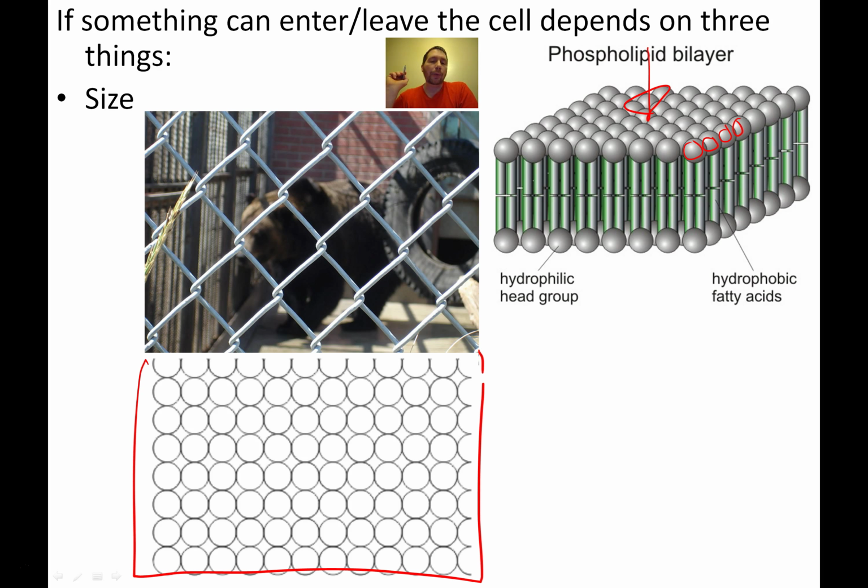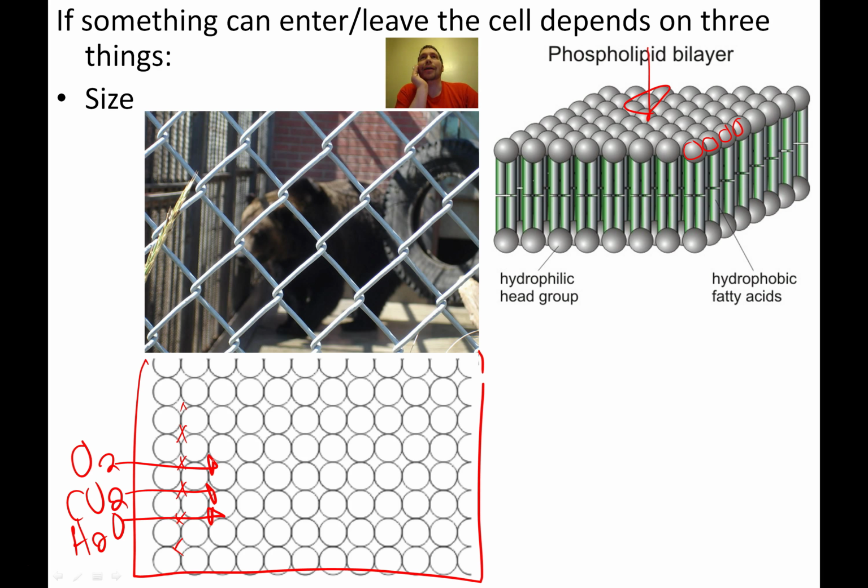As you can see in this picture, when you have a bunch of circles, you cannot make a complete wall using only circles, because you have gaps between the circles that cannot be filled in. It is the same way with the cell membrane. There are tiny gaps in the cell membrane, and through these tiny gaps, small molecules like oxygen, carbon dioxide, and water can shoot right in and go in and out of the cell, and the cell membrane can do nothing about it.